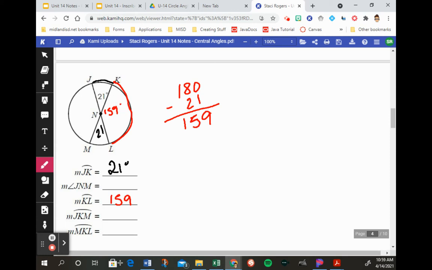What do you notice about JNM? Angle JNM is 159 degrees also. So that means that arc JM is 159. But I don't need arc JM, do I? No, but I need angle JNM, and it's 159 degrees.